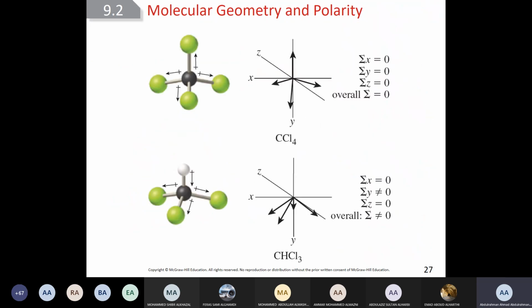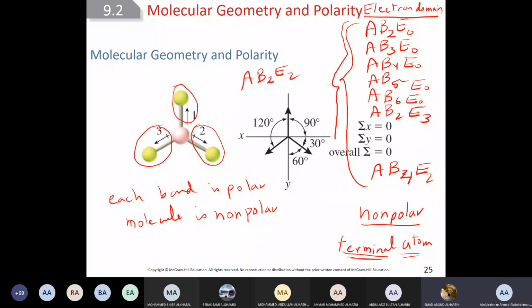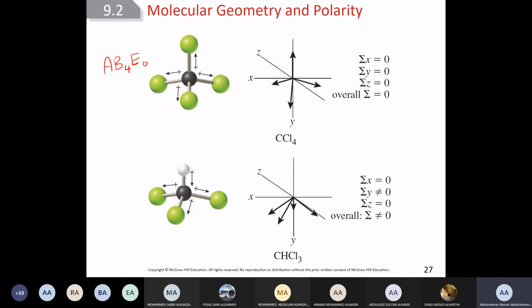This compound, is it polar or non-polar? Again, what's the electron domain? AB4E0. Is it polar or non-polar? Non-polar. Very good. Now, this one is also AB4E0. Is it polar or non-polar?